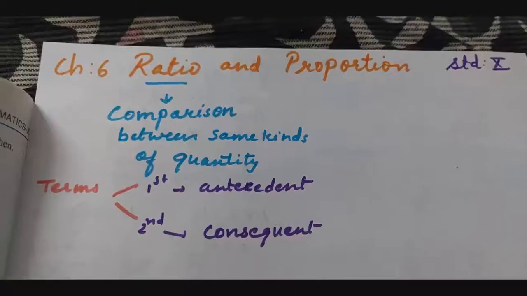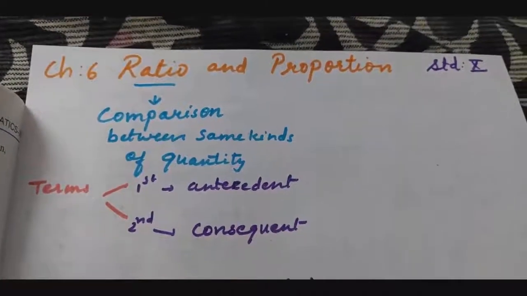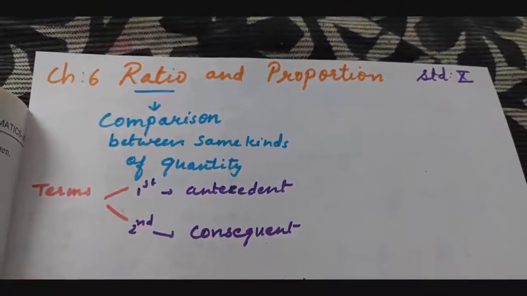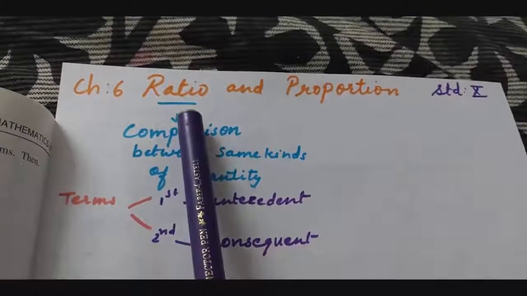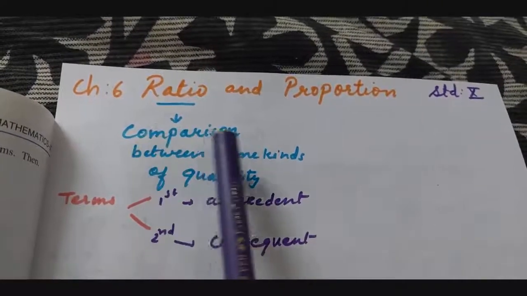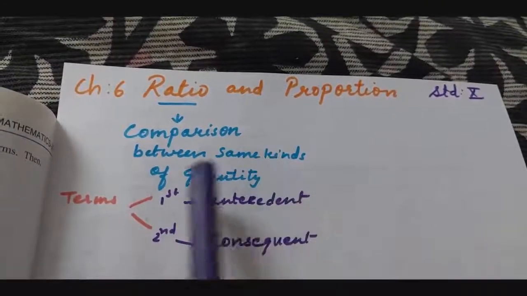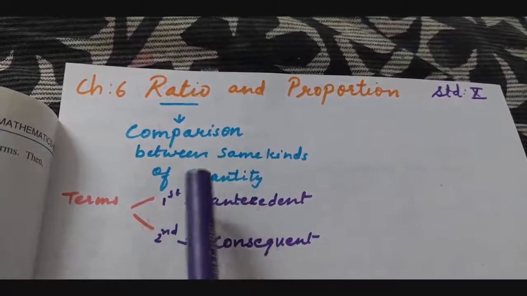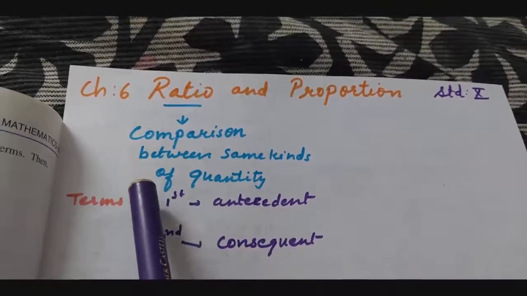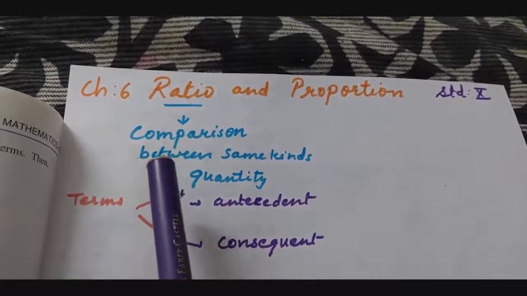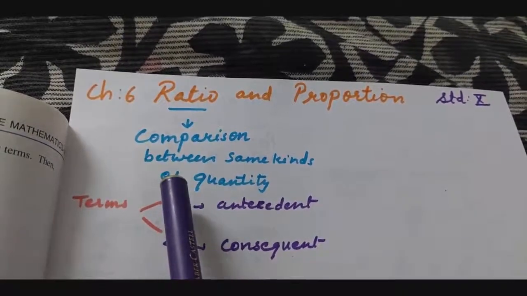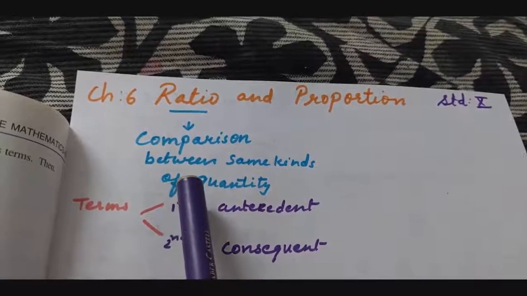Hello students, today we are going to start our new chapter, ratio and proportion. Now the term ratio means comparison between same kinds of quantities. You can take examples of weight, but it should be compared in the same units, like kilogram to kilogram.